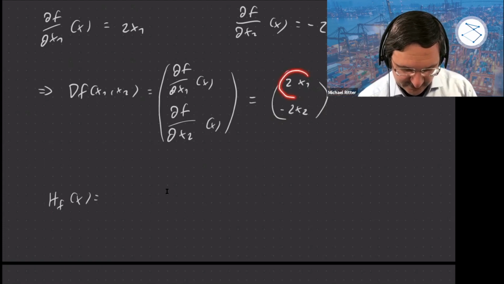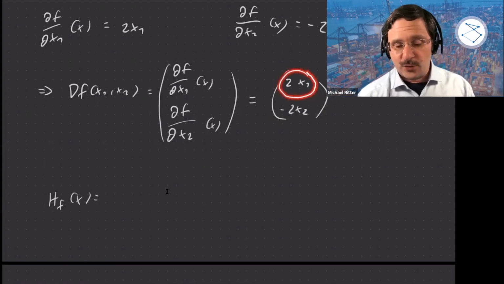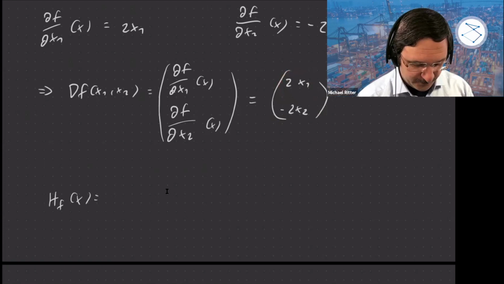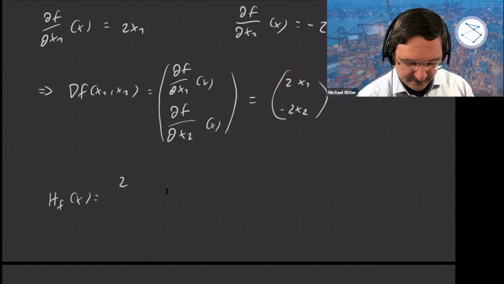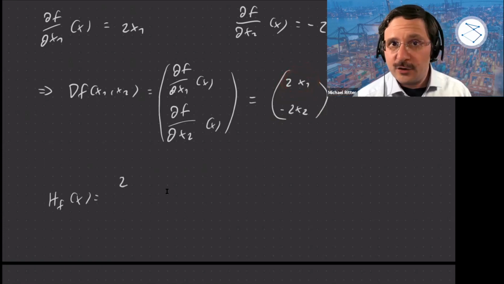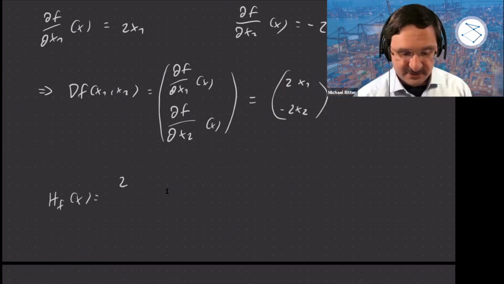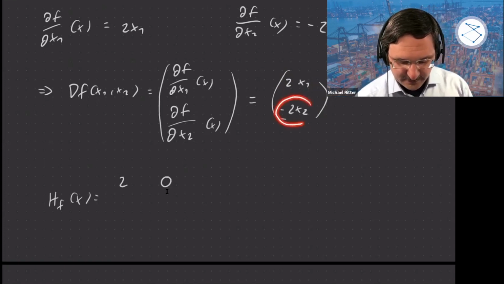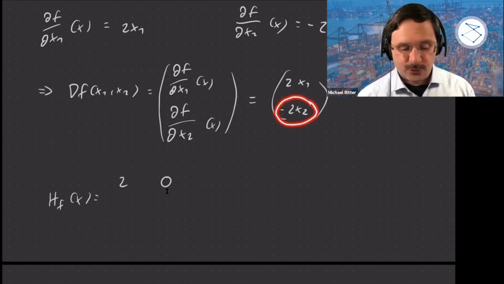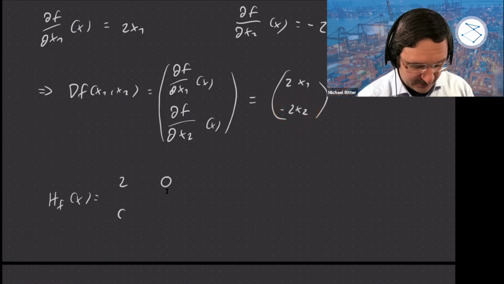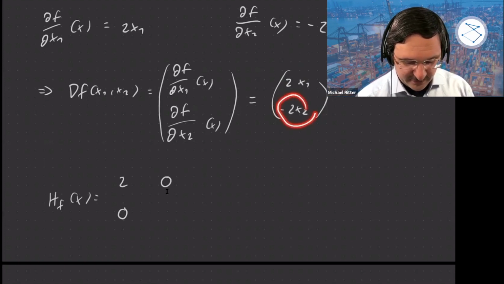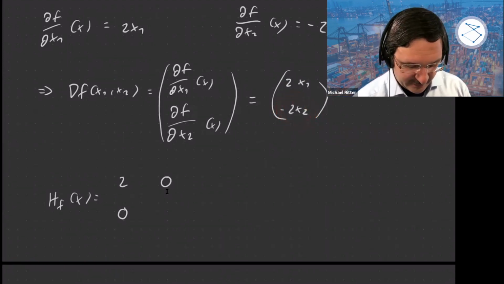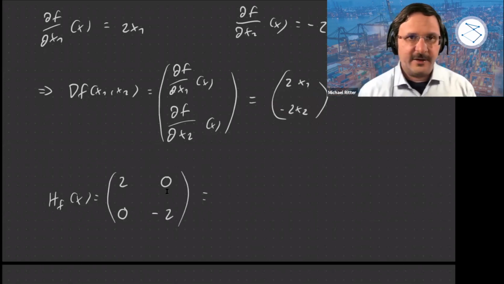so this function, if we differentiate that with respect to x1 once again, we get 2. If we differentiate that with respect to x2, we get 0 because there's no x2 in there. For that second function, if we differentiate with respect to x1, we get 0. And if we differentiate for x2, we get minus 2. So that's the Hessian, right?